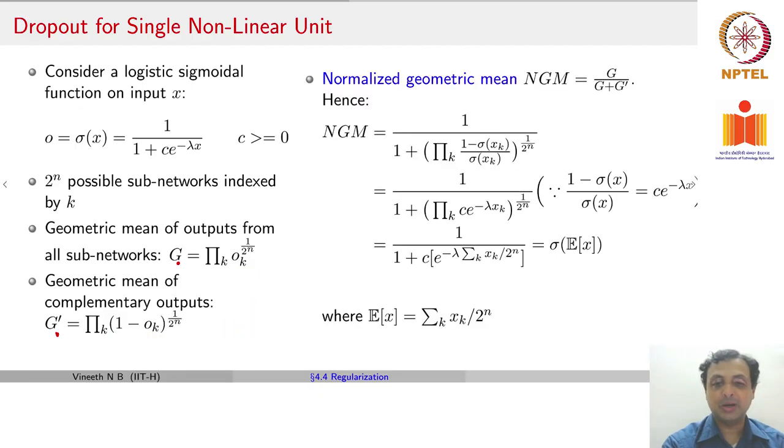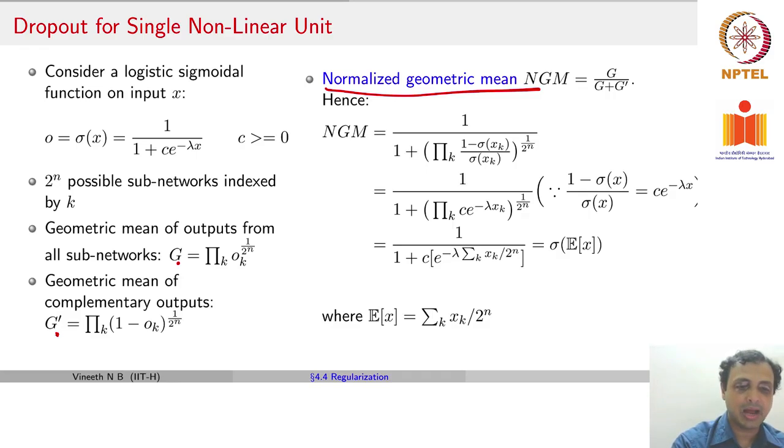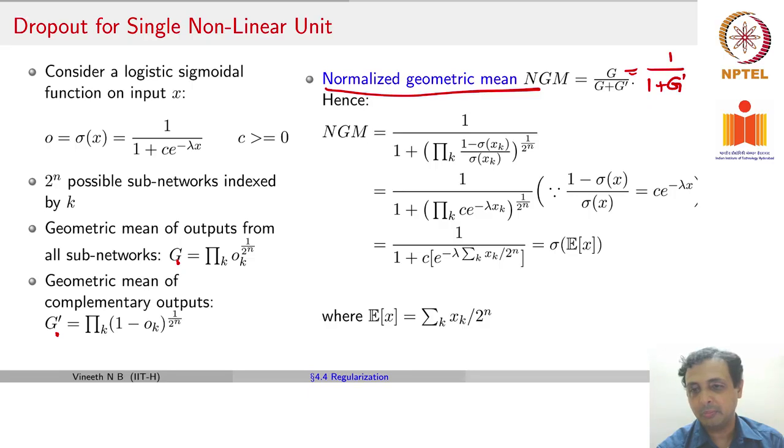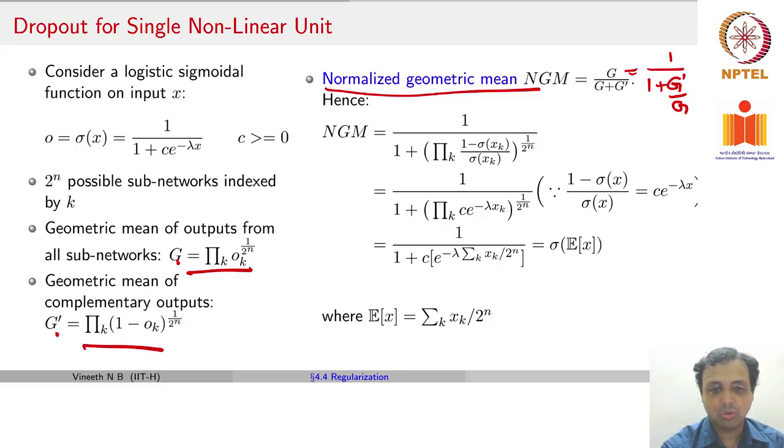The normalized geometric mean now is given by G by G plus G prime, where G and G prime are as defined here. This will turn out to be 1 by 1 plus G prime by G, and substituting for G prime and G, which are given here, and substituting for O, you get this term here.